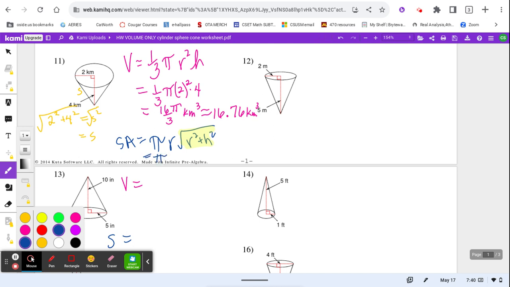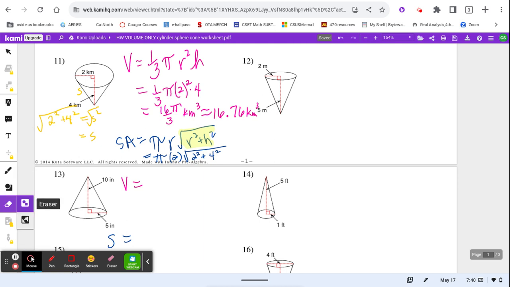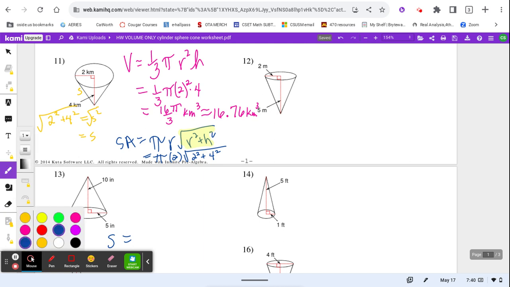So pi times the radius of 2 times the square root of 2 squared plus, see how the height has a little arrow, 4 squared. So we're going to go to pi times 2 squared is 4. 4 squared is 16.